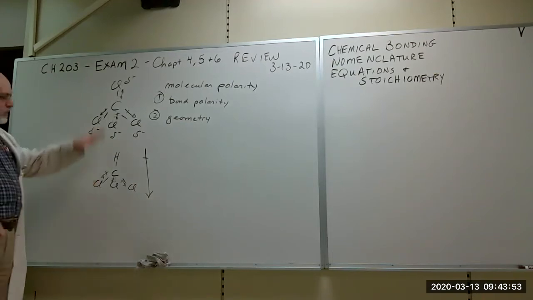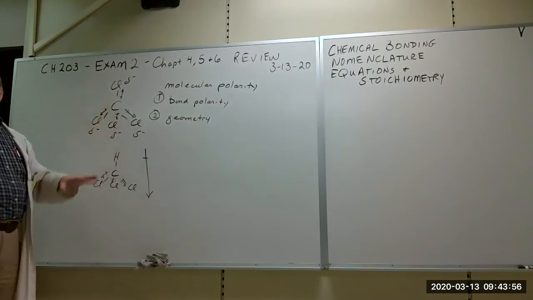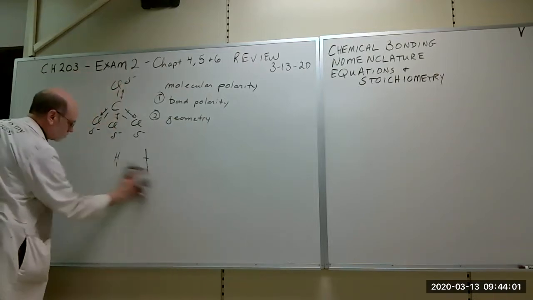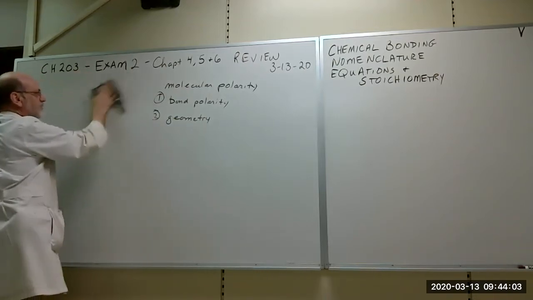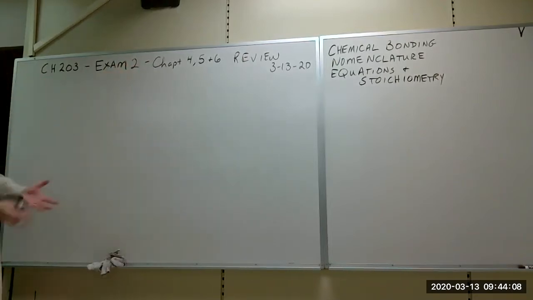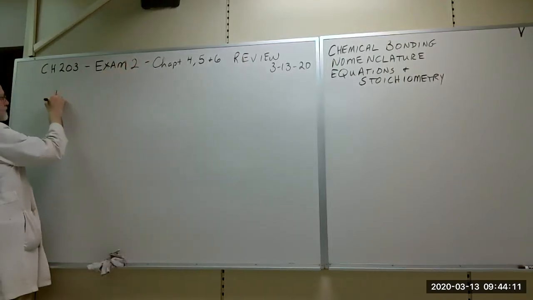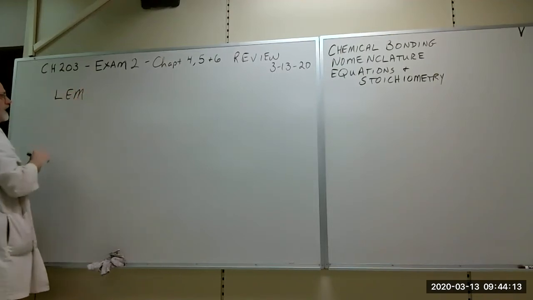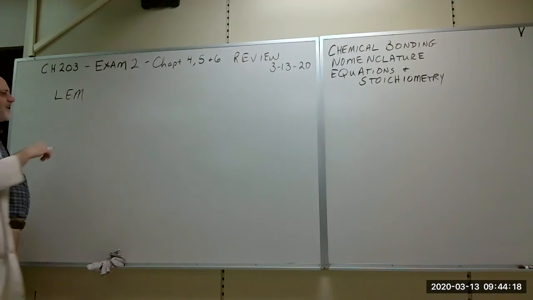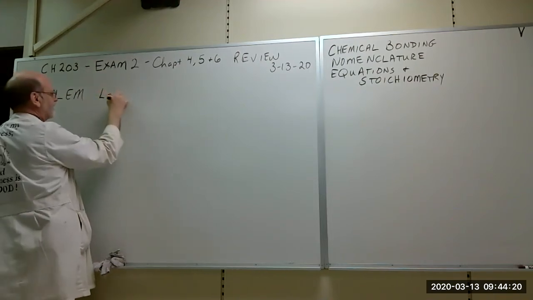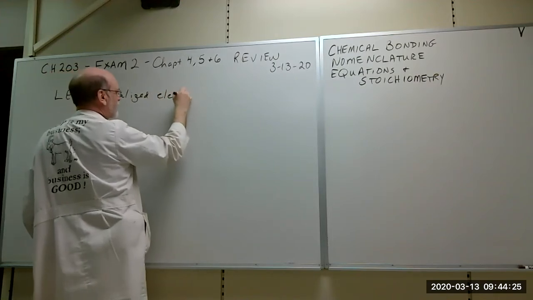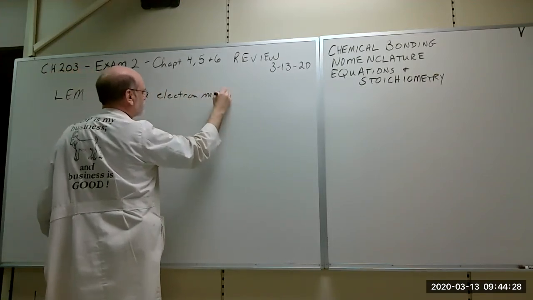Okay, so how do we know the three-dimensional structure of a molecule? Right? We need a model for that. So the overall model is called LEM. That doesn't mean lunar excursion module. That means localized electron model.